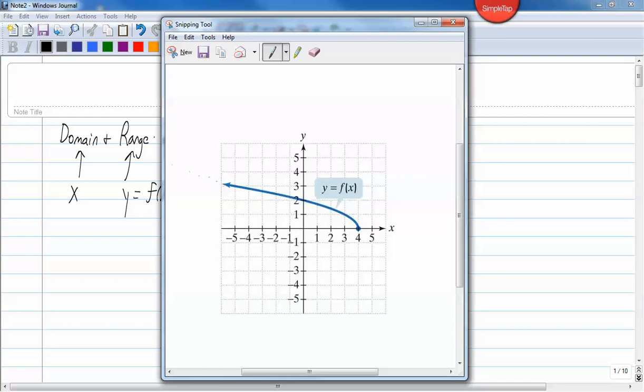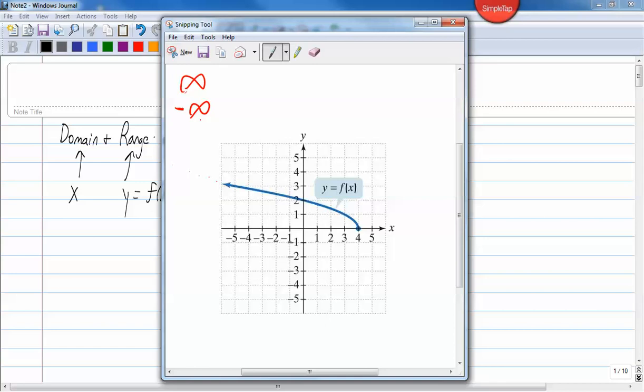Alright? The way that we write forever and ever in numbers is infinity, which means in the positive direction forever and ever. Negative infinity would mean in the negative direction forever and ever.